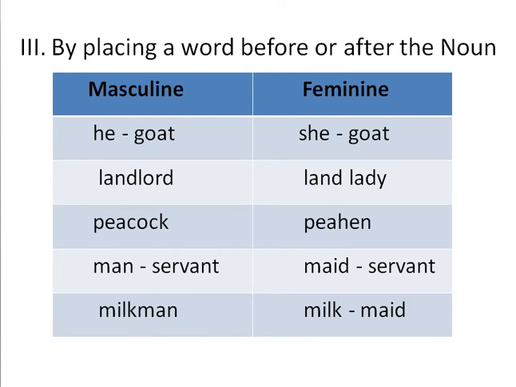Another way of changing masculine to feminine is by placing a word before or after the noun. For example, he goat, the feminine is she goat. Landlord is the masculine, landlady is the feminine. Peacock becomes peahen. Manservant, maidservant, and milkman becomes milkmaid.